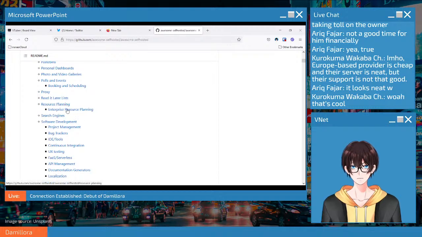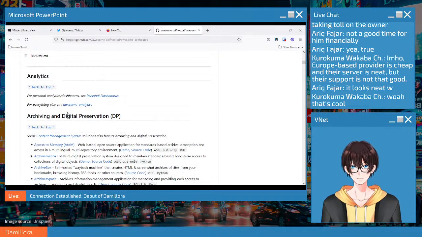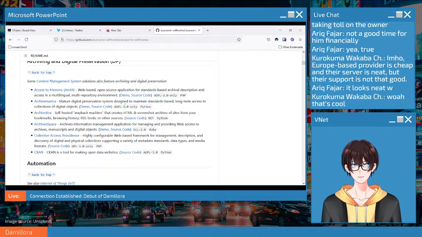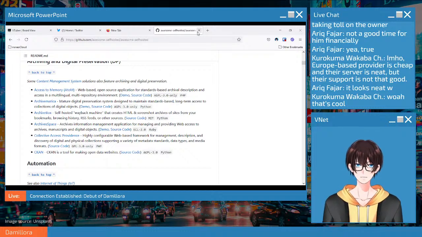It's really neat. You can visit it later on GitHub. Just search awesome self-hosted. It's a pretty nice list.